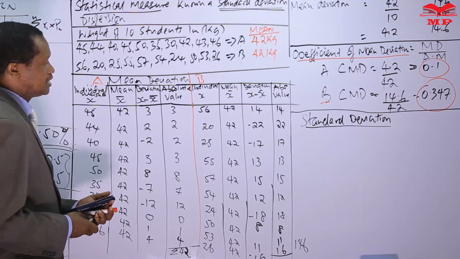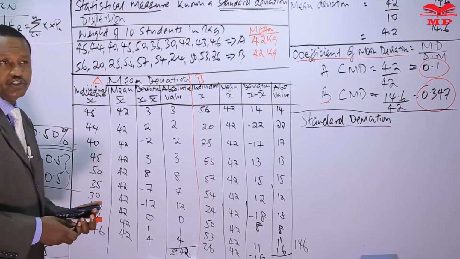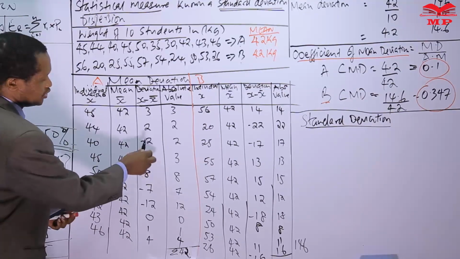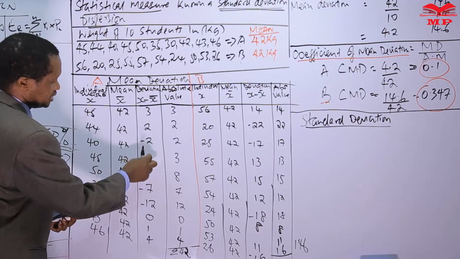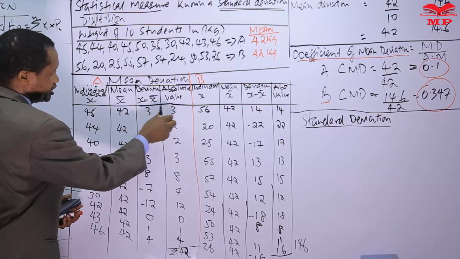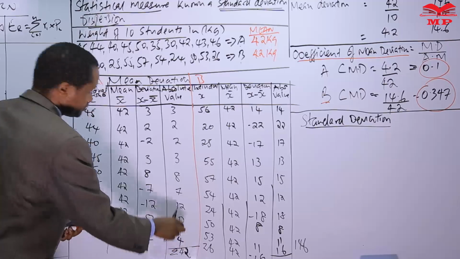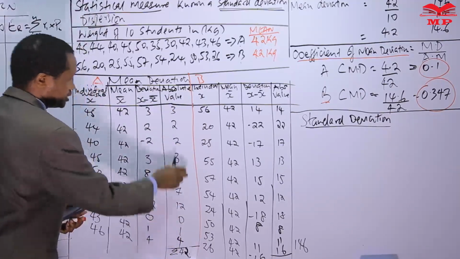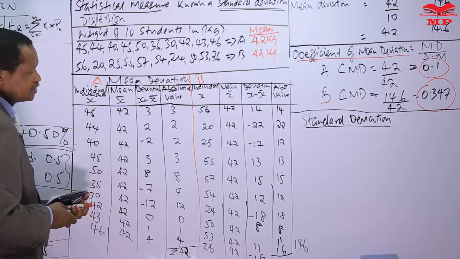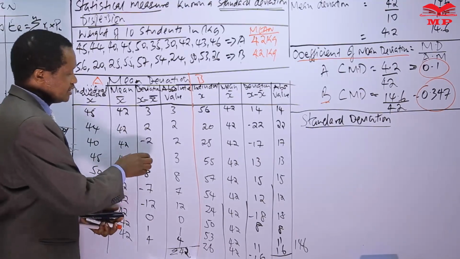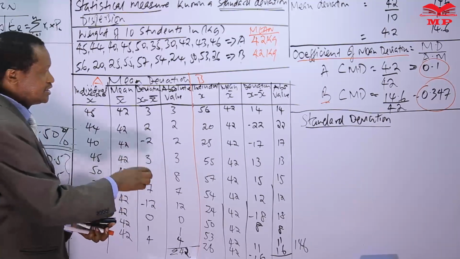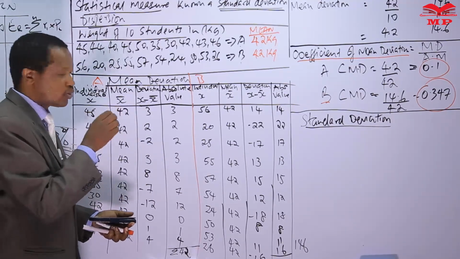Unlike the mean deviation, where the algebraic signs are ignored and we take the absolute values of the deviations, for the standard deviation, other than ignoring the algebraic signs, the deviations are squared.